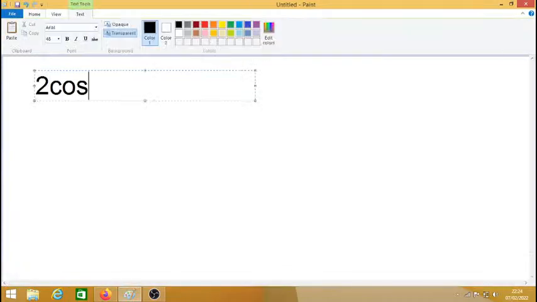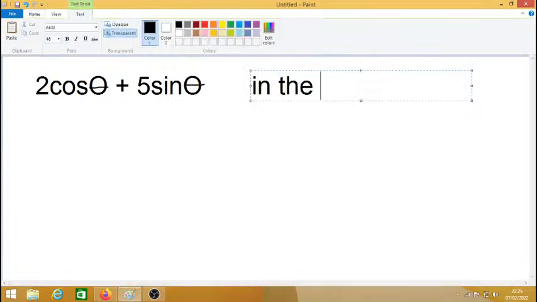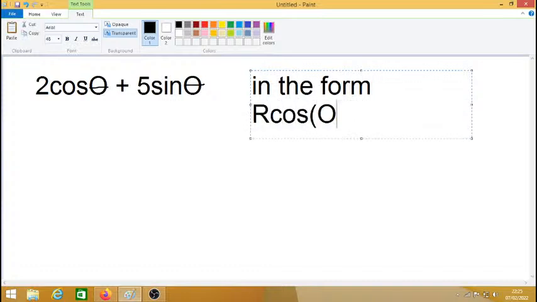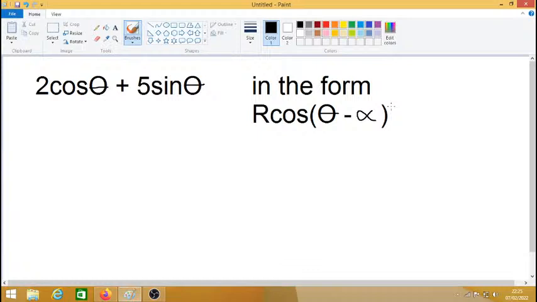Express 2 cos theta plus 5 sine theta in the form r cos theta minus alpha, and the conditions are r has to be bigger than 0 and alpha has to be between 0 and 90.